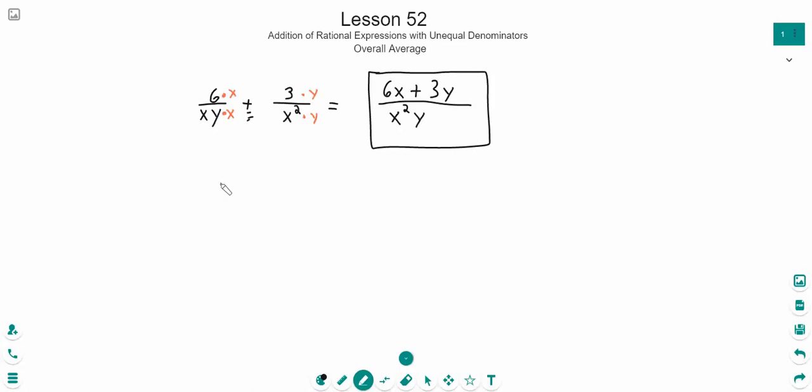Let's do a 2 over x plus 1, and we're going to add that rational expression to 3 over x squared. Okay, so in this problem, again, the idea is the same. We want to find the common denominator. So what will be the common denominator for our answer to this addition problem?